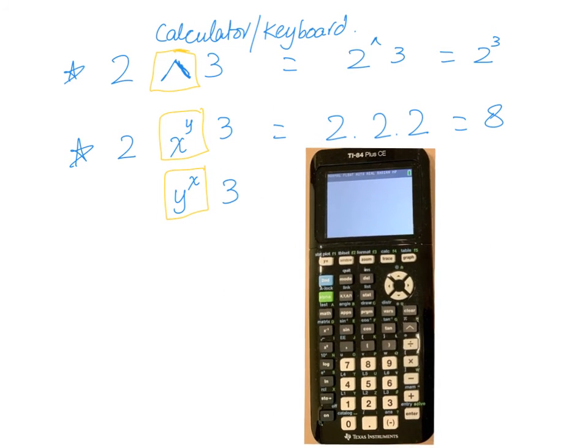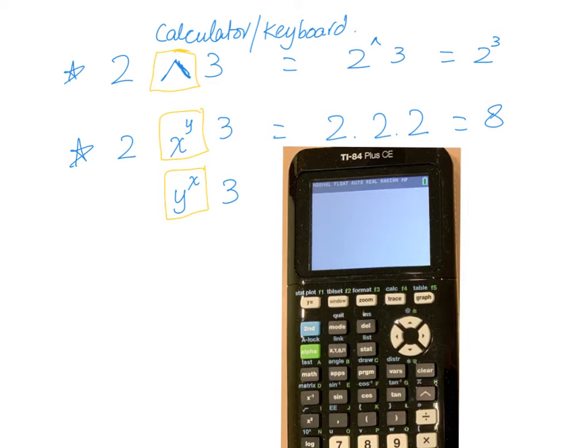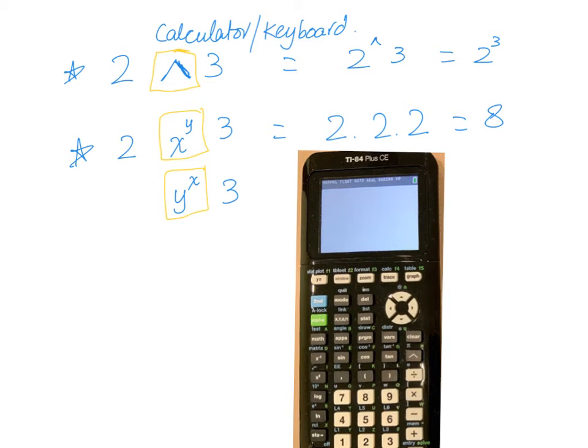So in our calculator, TI-84 Plus CE, we'll find the exponent symbol right here. You see this caret right here. And then you have an x squared over here if you were to look at that. That's only for squares.